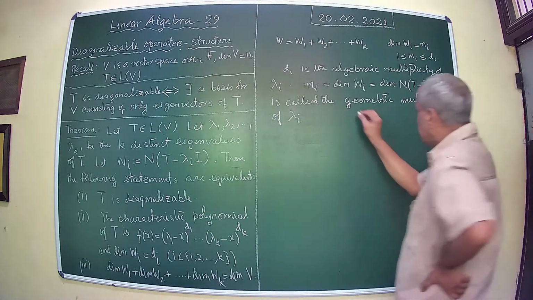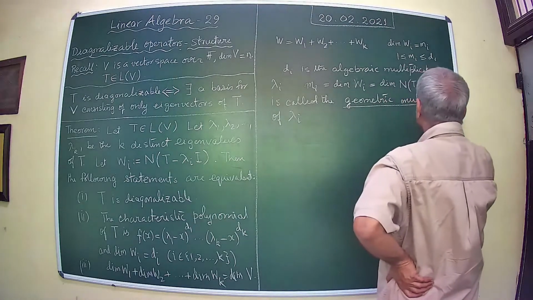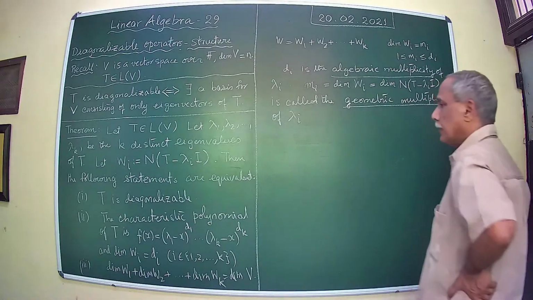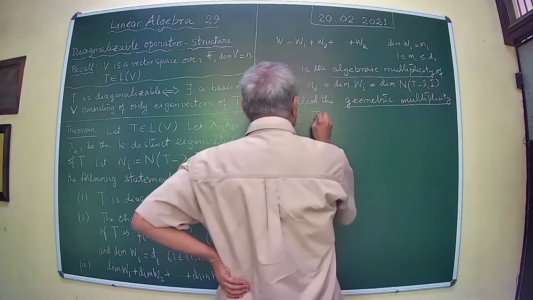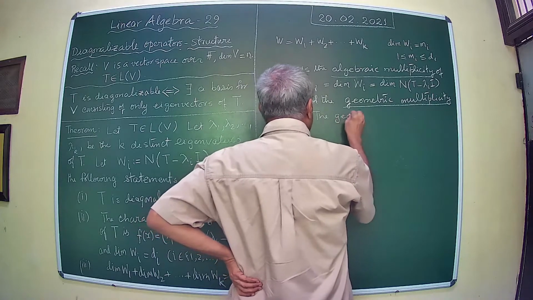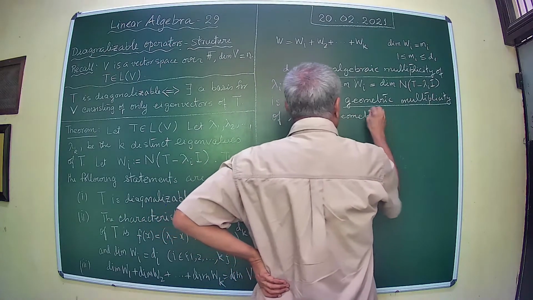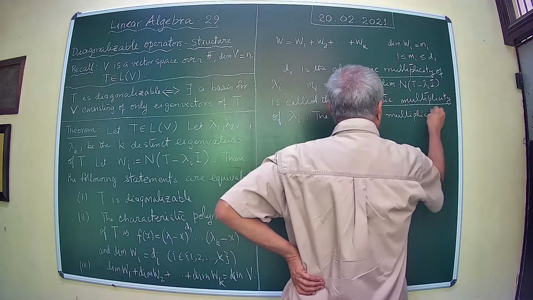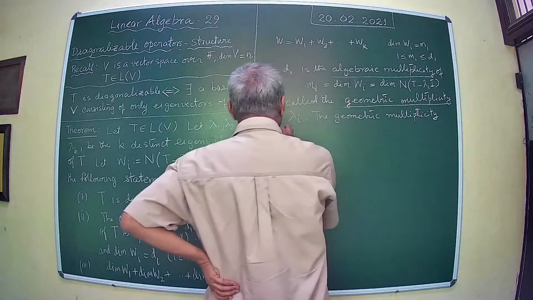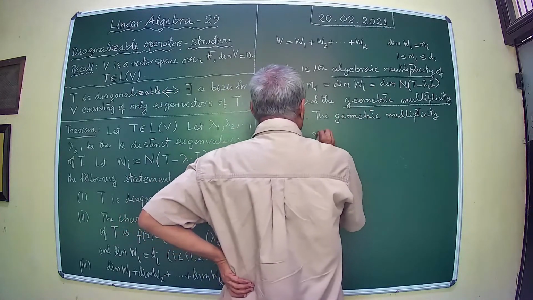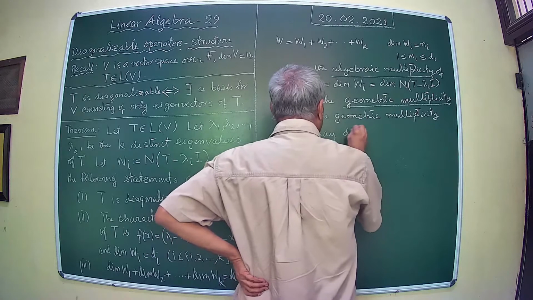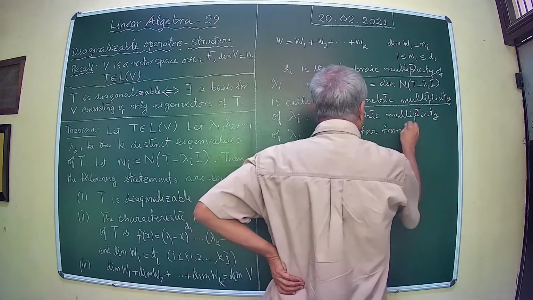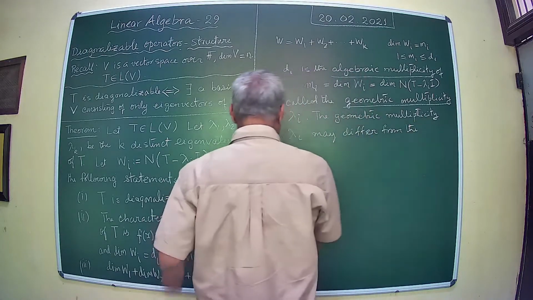So what it means is that the geometric multiplicity of lambda i may not be equal to the algebraic multiplicity of lambda i.